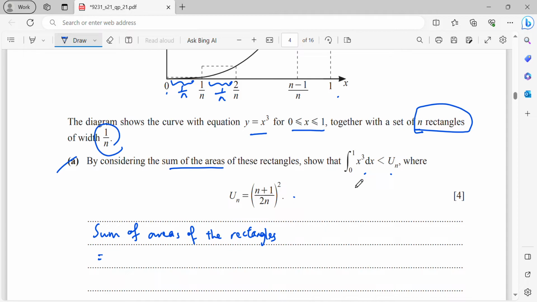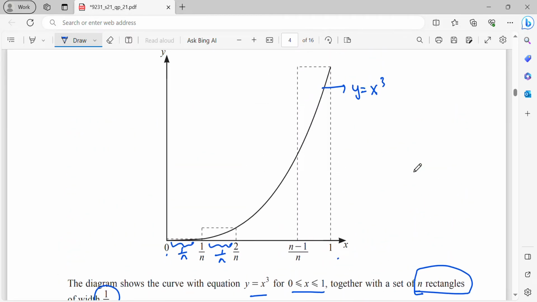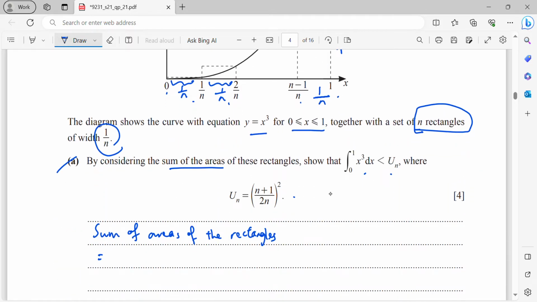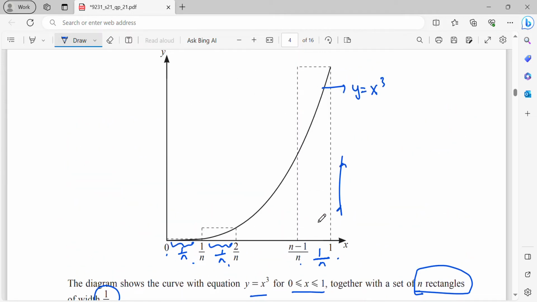So now, when you look at the graph here, firstly, area of a rectangle is base times height. So all the bases will be the same value, which is 1/n. So I will write 1/n times the height of the rectangle.